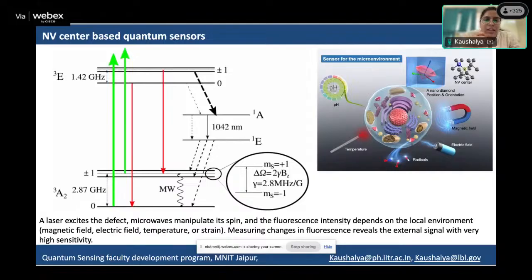In this particular case, what people have been doing is exploiting the ground state triplet property of the NV center, which provides Zeeman splitting in the presence of any small external magnetic field.